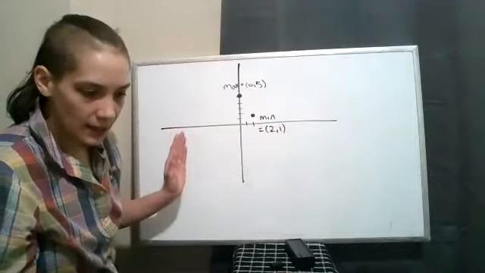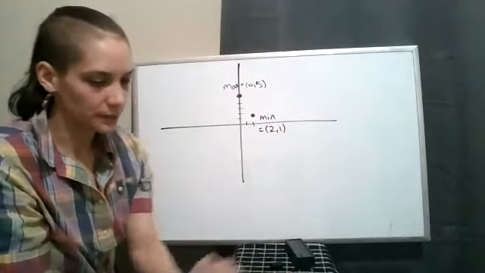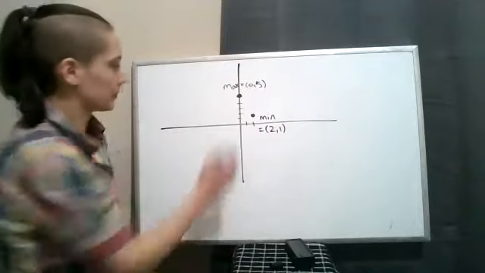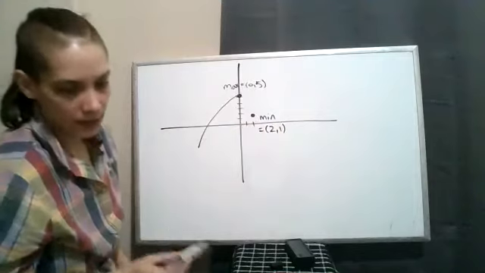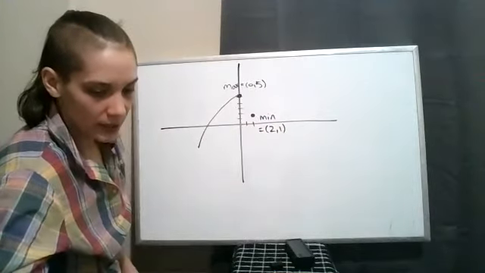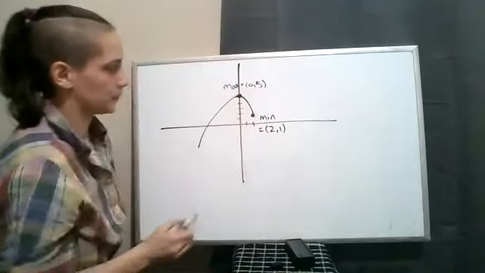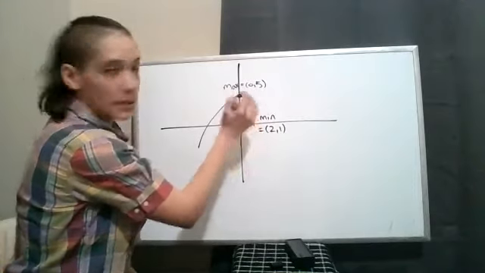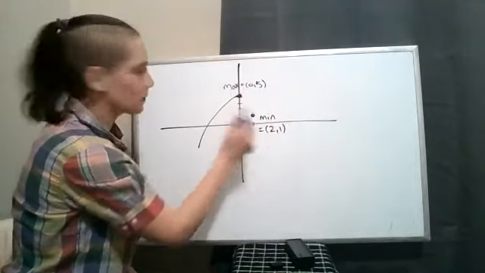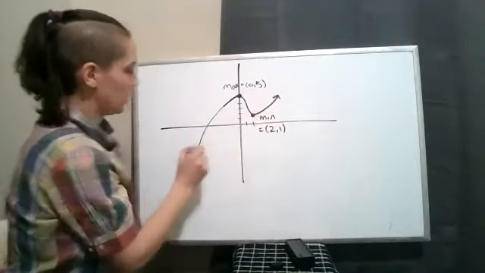And then increasing until x equals 0. Decreasing between 0 and 2, and then increasing again. So it's like a bounce there and again and continue on.